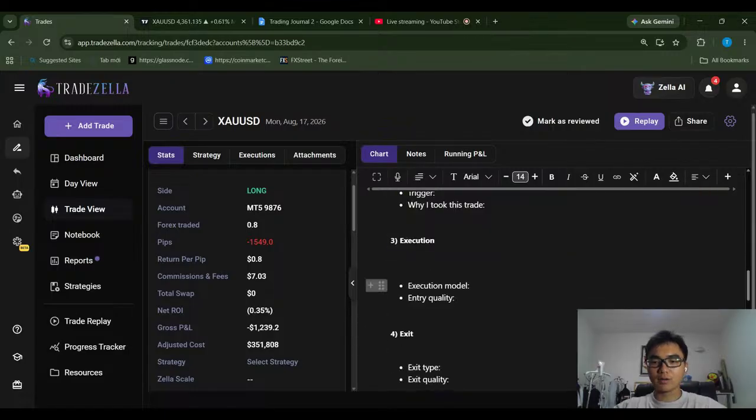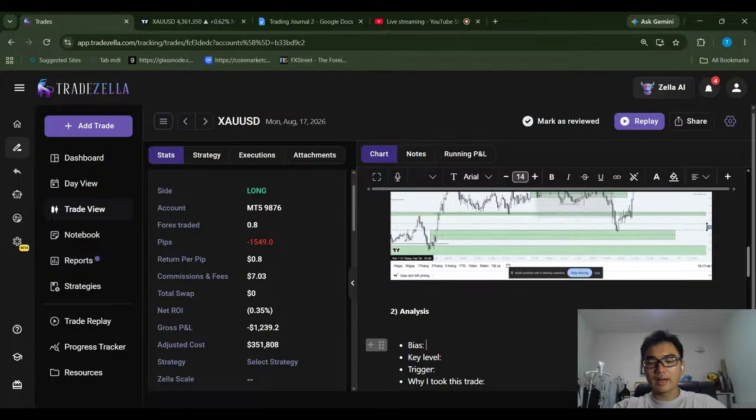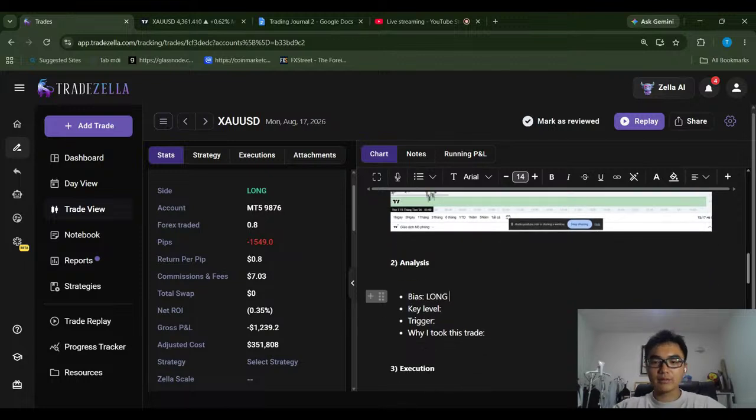So the bias for this trade is long. The bias is long. The key level I put is the M5 FVG aligned with the Asian session bullish move.